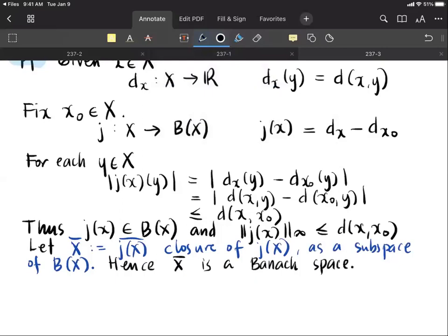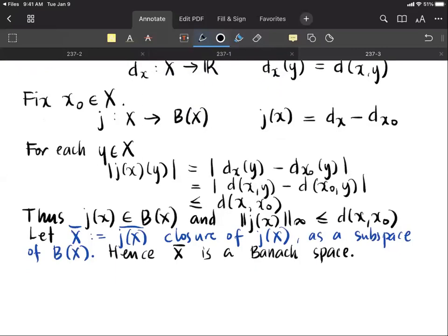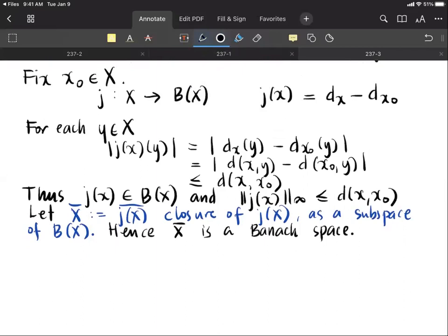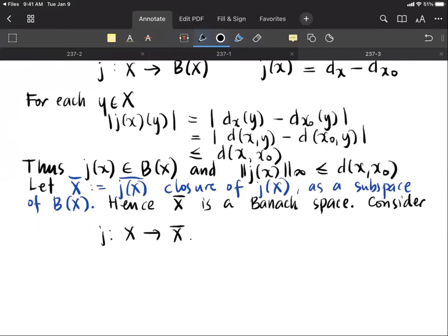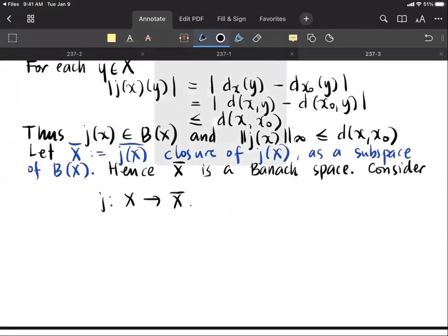So it remains to show that this map J, which we now consider as a map from X to X bar by simply restricting the codomain, and we still denote this by J for simplicity of notation, is indeed an isometry.